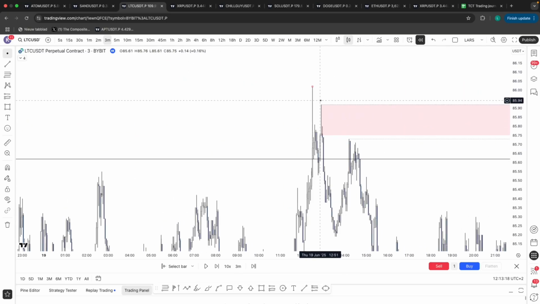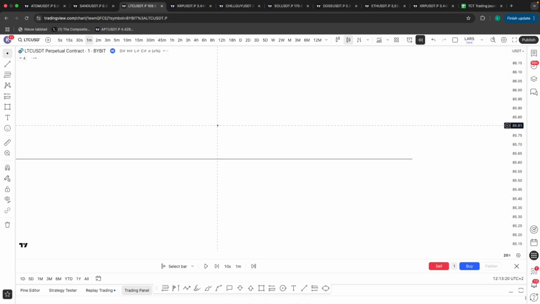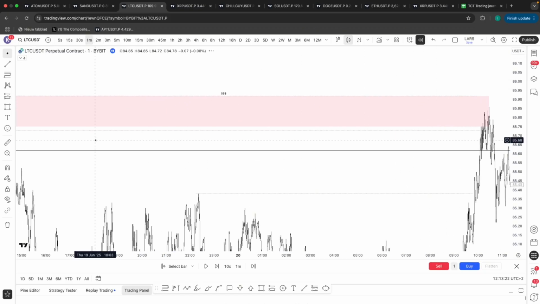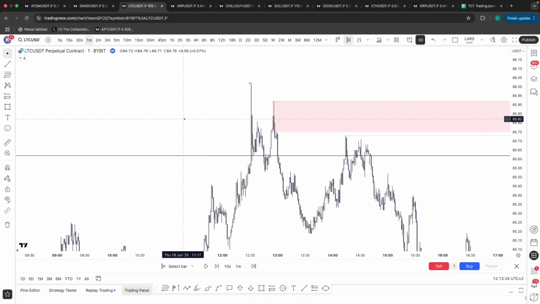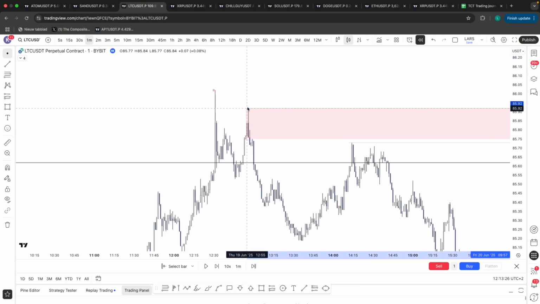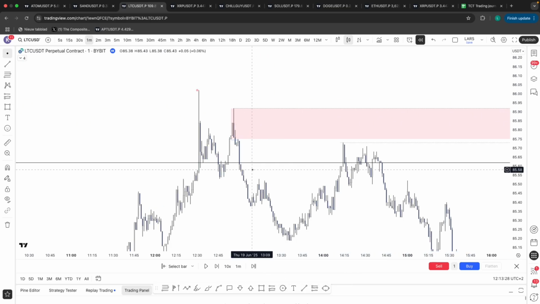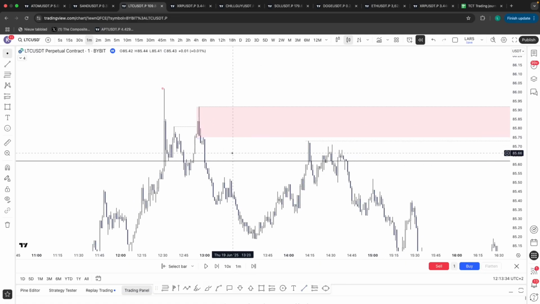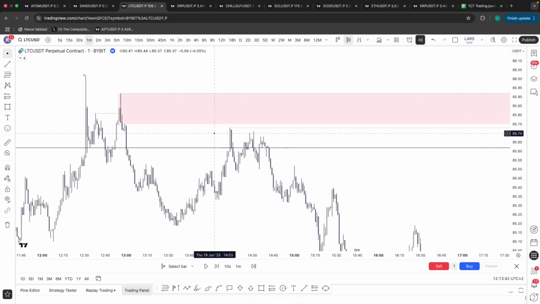Second, if we go on an even lower time frame like the 1 minute right here, we can realize that this high isn't a liquidity high. Why? Because this high grabbed the lower high to the left. So this high grabbed liquidity on the left and expanded away, creating that supply POI, and is therefore not a liquidity high.